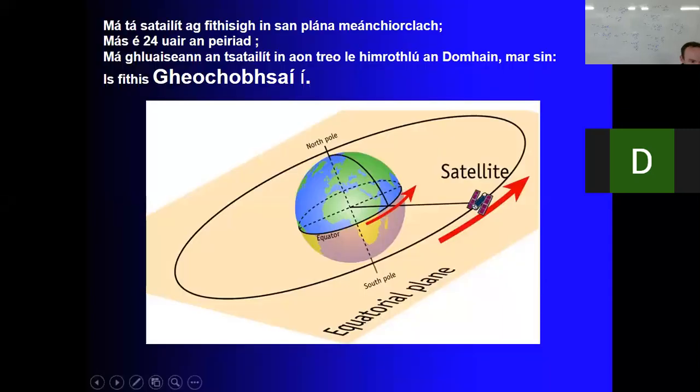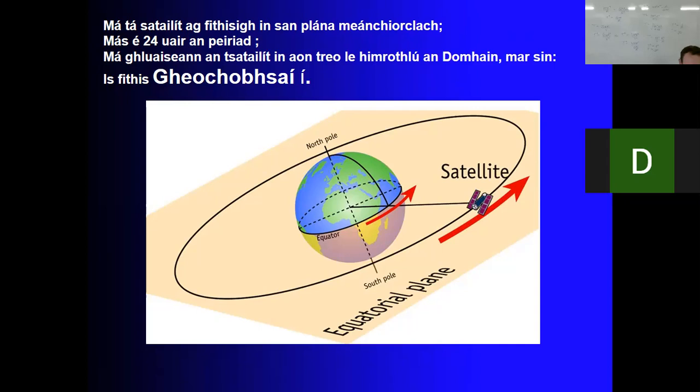Now, consider a satellite orbiting a planet in the equatorial plane. Its period matches the Earth's rotation, so it completes one full rotation in the same time as the Earth. So the satellite appears to stay above the same point on Earth. This is called a geostationary orbit or a parking orbit.